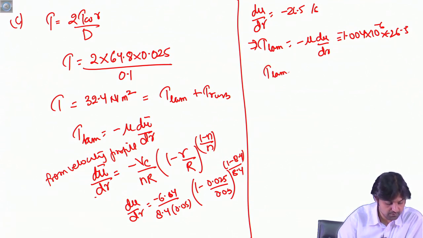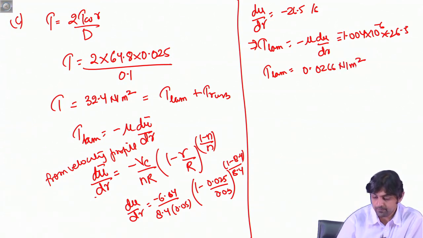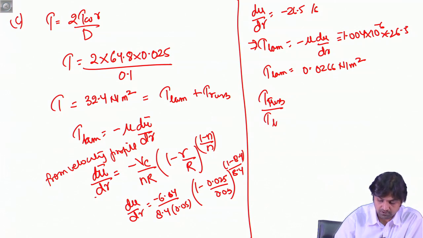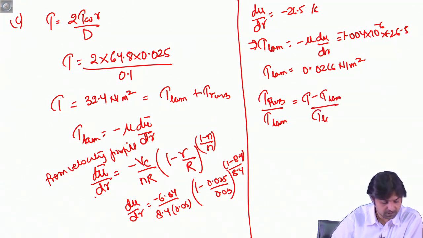So tau laminar is coming out to be 0.0266 Newton per meter square. The ratio of tau turbulent to tau laminar will be tau minus tau laminar divided by tau laminar.